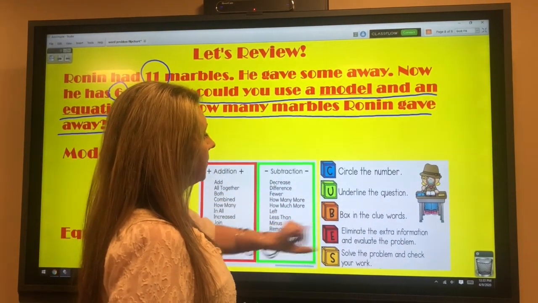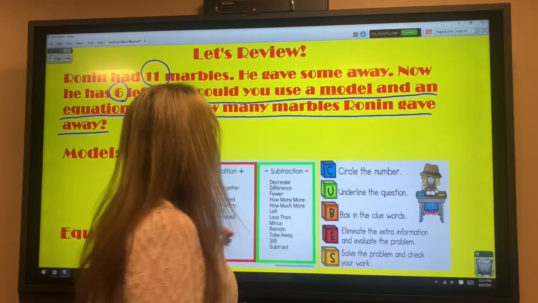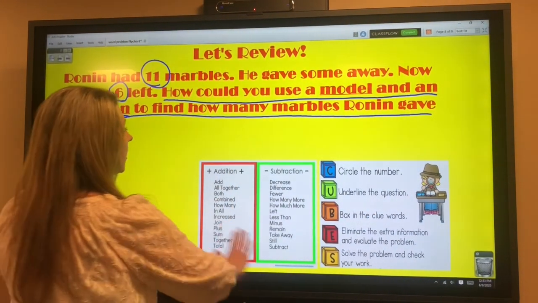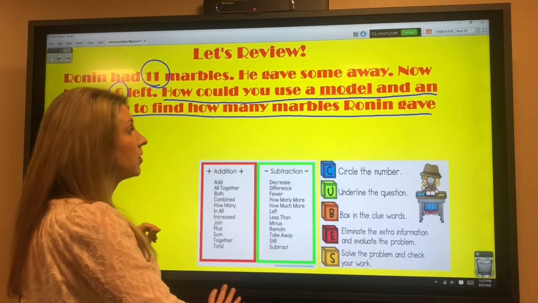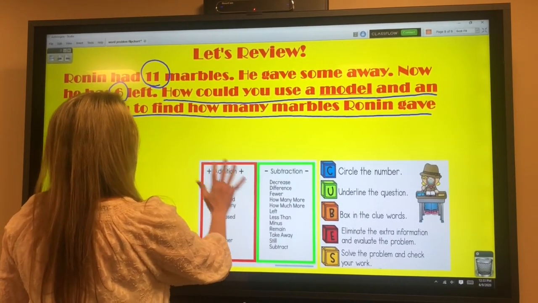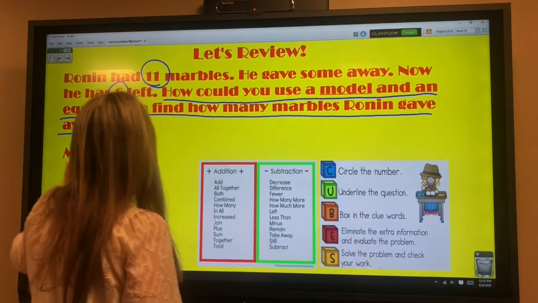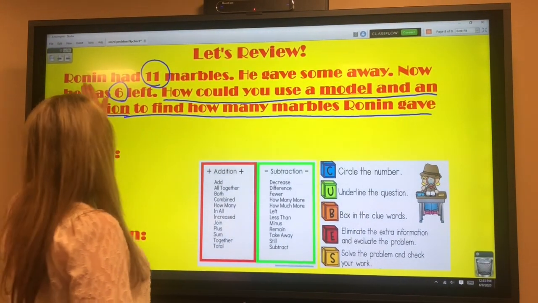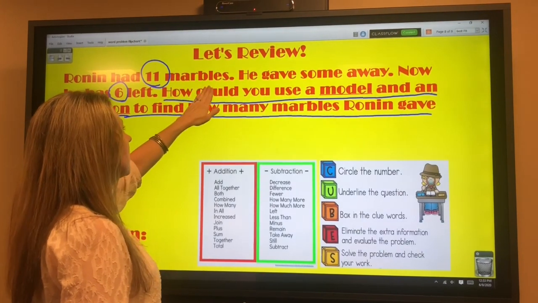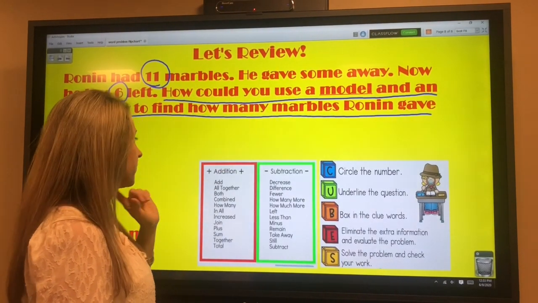The next step is to box in our clue words. Our clue words are our keywords. We need to keep these in mind when we're trying to figure out if we are adding or subtracting. So going through, Ronan had 11 marbles. He gave some away.